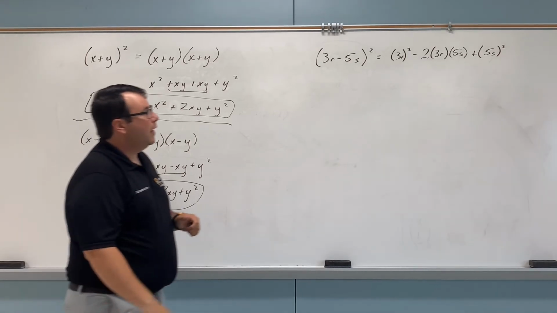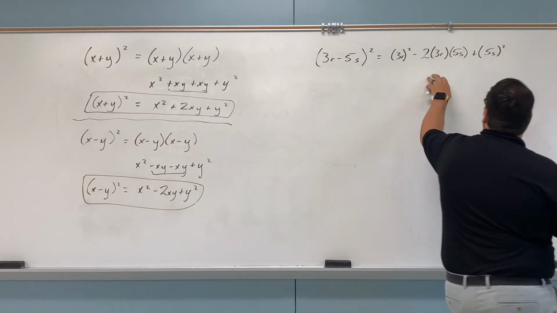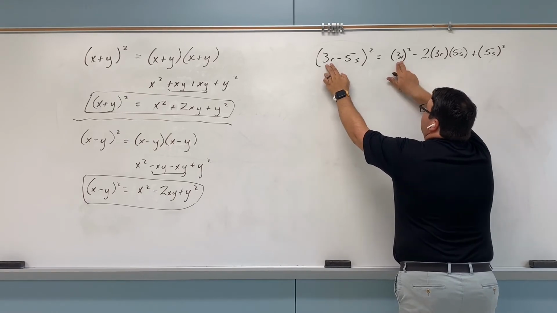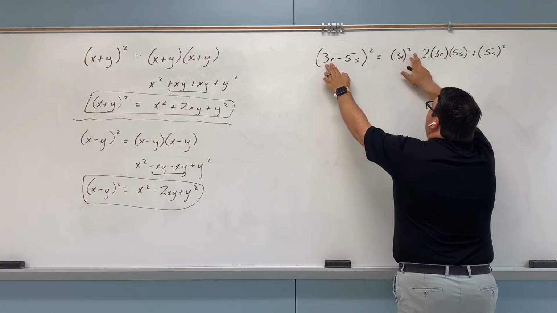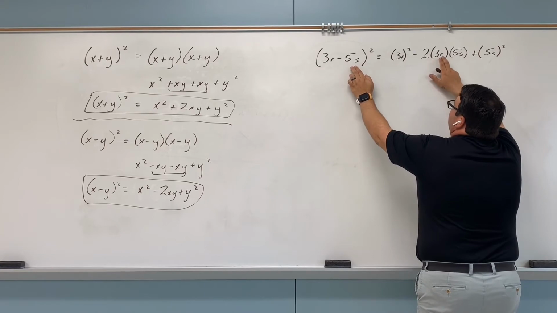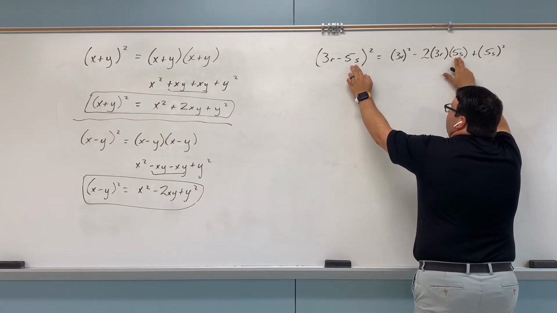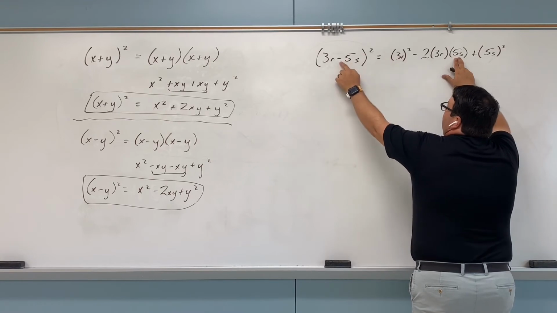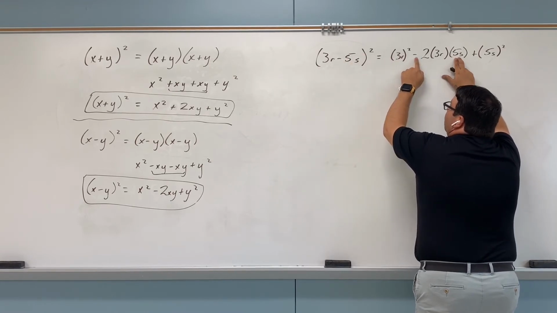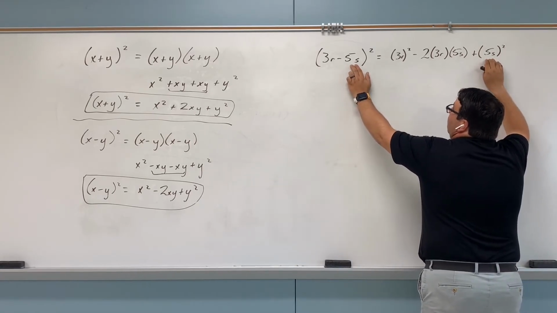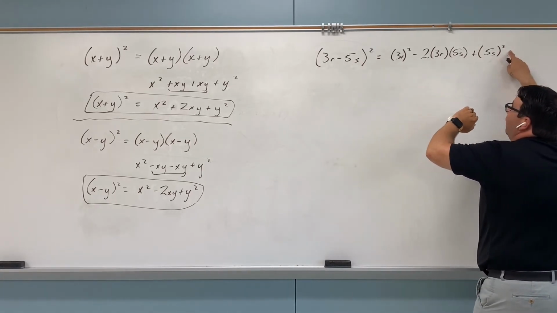Now, that being said, going back to our problem, I have my first term, which was 3r squared. I have my 2 times my first term, which is 3r, times my last term, which was 5s. This was a negative, so this is a negative 2. And then I have my last term, 5s squared.